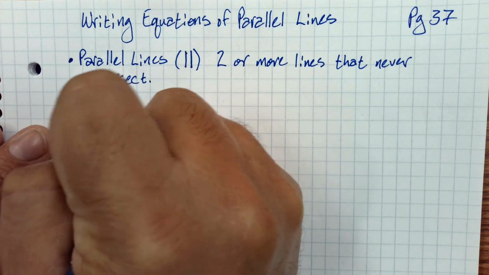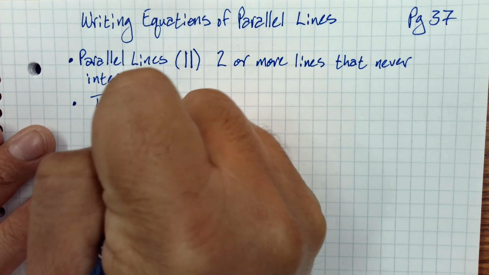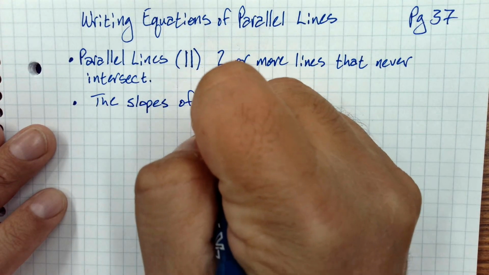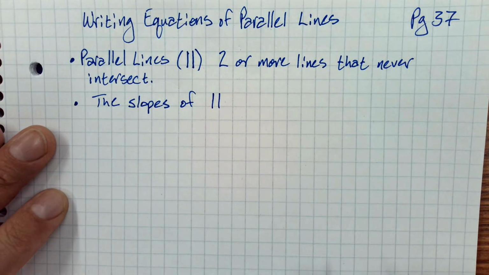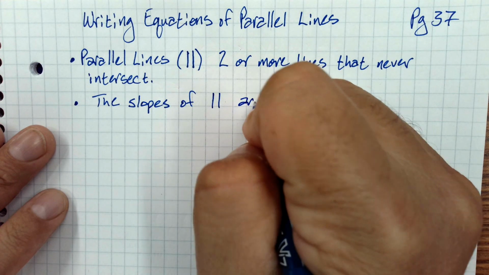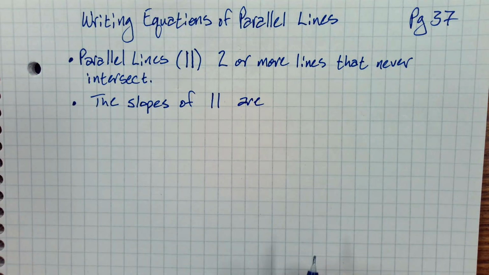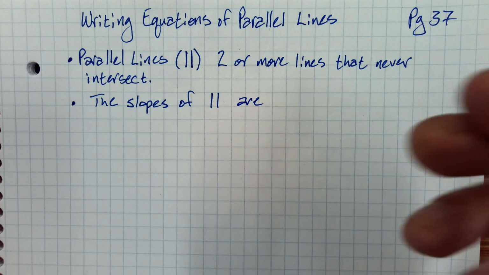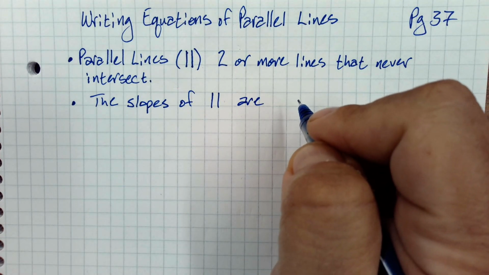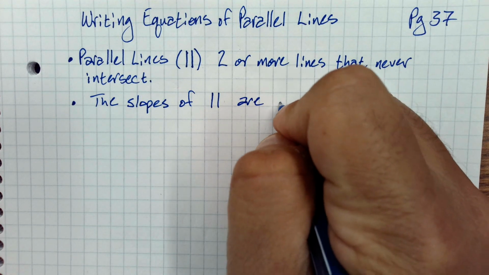The slopes of parallel lines, using my symbol already, are, how am I going to end this? The slopes of parallel lines are equivalent, equal, identical, however you want to say it.